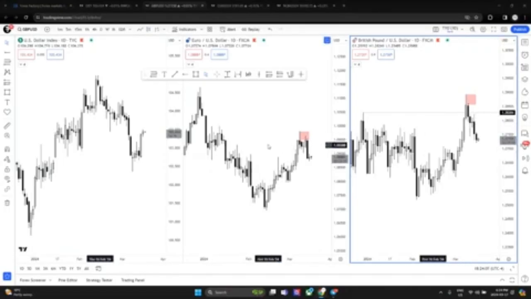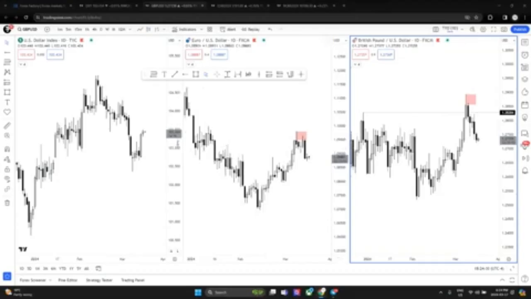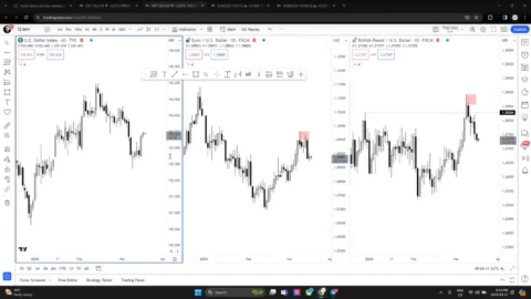You can see that there is a sequence that the SMT family follows. So we must have a higher time frame SMT, followed by a medium time frame SMT, and then a lower time frame SMT.